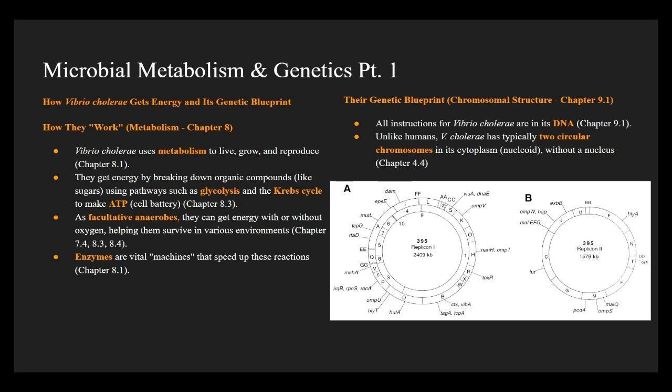Their workings involve metabolism, which breaks down compounds for ATP. As facultative anaerobes, they adapt to varying oxygen levels, with enzymes accelerating reactions. Their genetic blueprint is DNA, typically two circular chromosomes in the cytoplasm's nucleoid region, without a nucleus.